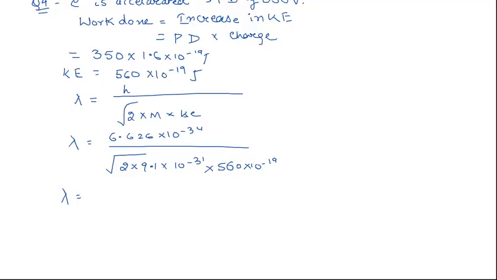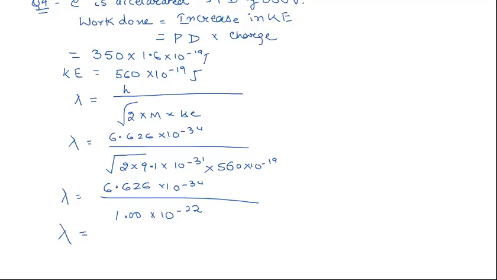We have to do 2 into 9.1 into 10 to the power minus 31 multiplied by 560 multiplied by 10 to the power minus 19, that is equal to 1.01, and if I take out its root, the root part we have solved, and it is 1.00 into 10 to the power minus 22.